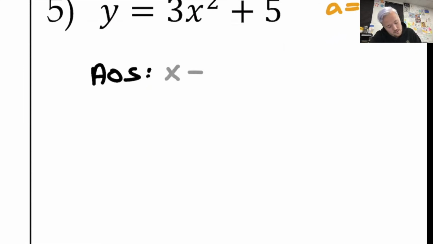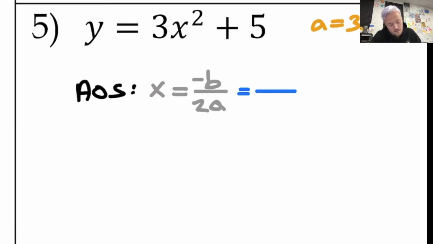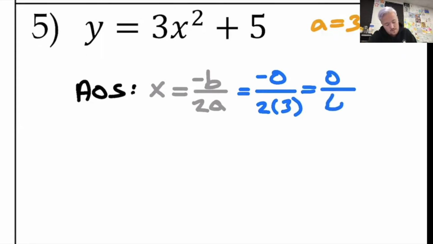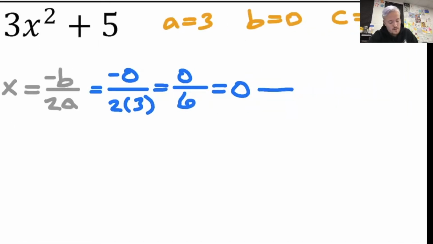So x equals opposite of B all over 2a. Your B value is 0, so I'm going to do the opposite of 0 all over 2 times 3. Remember, when you take the opposite of 0, it's just 0 all over 6, which is 0, which means our AOS here is x equals 0, which is your h value.